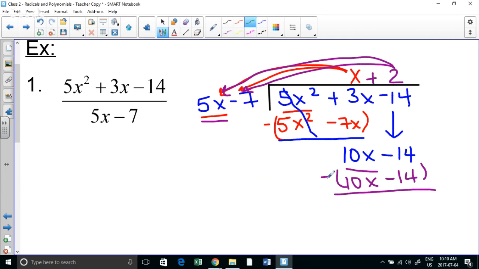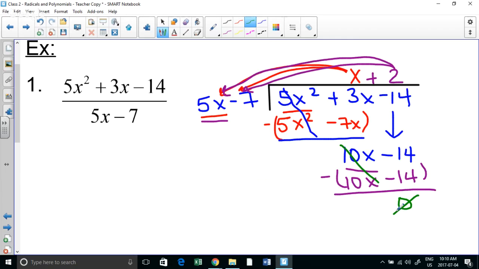I do this, 10x minus 10x, okay. 14 minus negative 14 gives me 0, meaning I have no remainder. We're going to do a ton of examples like this, okay, because it seems complicated and overwhelming, but you're going to see it's the same step every time. First term, divide, multiply, subtract. First term, divide, multiply, subtract.